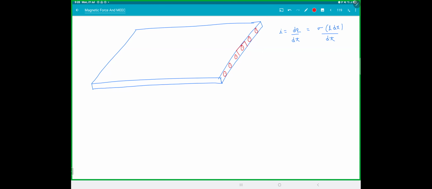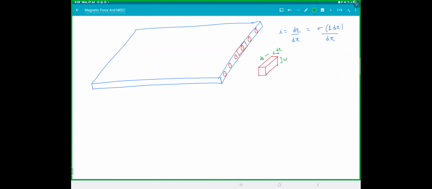Let's consider a small piece here like this. This is your dx. This is your width w.